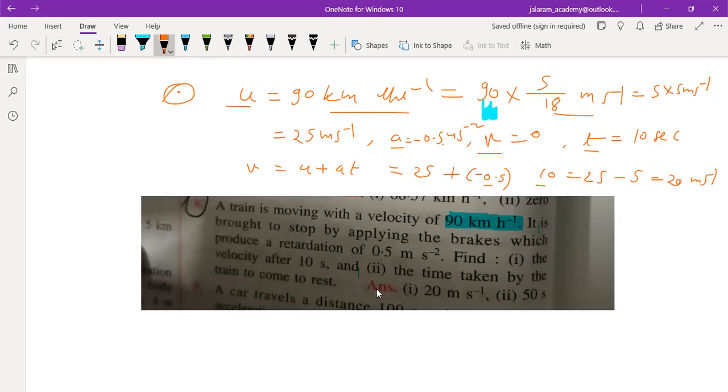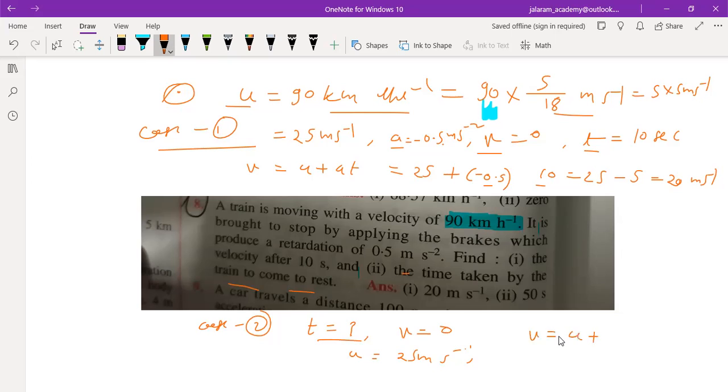Okay. Then in the second part, find the time taken by the train to come to rest. Means we have to find the time when final velocity becomes 0 in case 2, and this is case 1. So again u equals 25 meter per second, v is given, and we have to find the time, and retardation is also given.